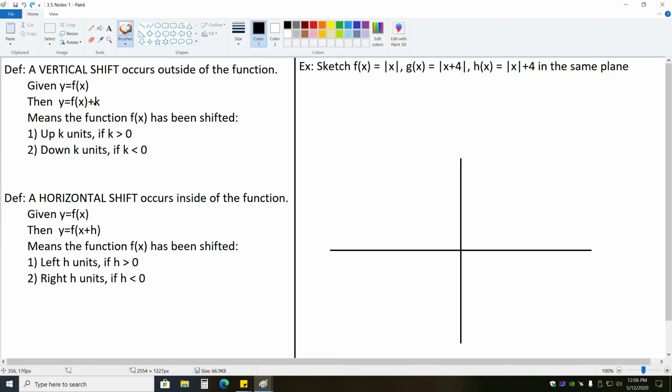So, the first couple of transformations we deal with are vertical and horizontal shifts. We say a vertical shift occurs outside of the function.